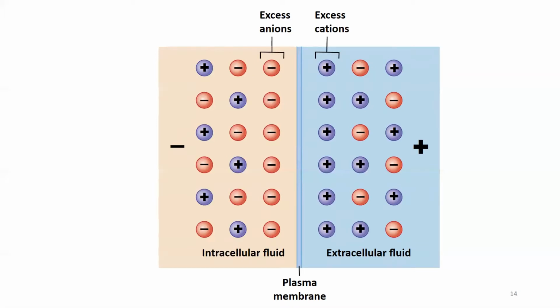So if we have more anions, which are negatively charged inside the cell, and we have more cations, which are positively charged outside the cell, that unequal distribution and that separation of charge creates that driving force, where things want to move to the opposite charge. Does that make sense?